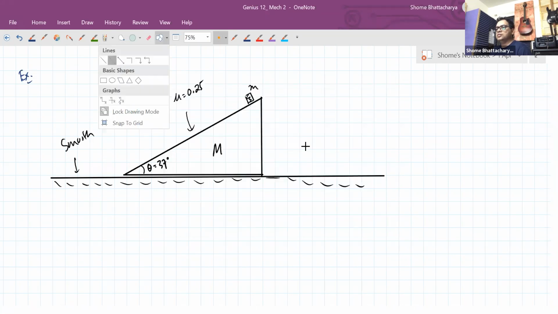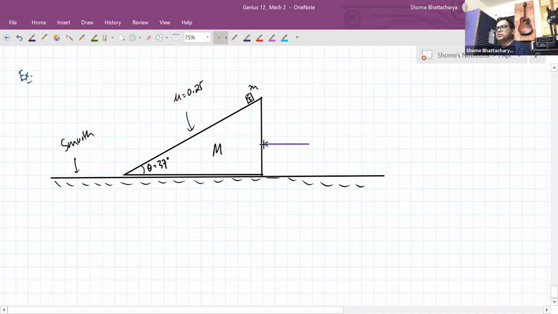Now we are applying a horizontal force like this on the system. Given that small m is 1 kilogram, capital M is 4 kg, coefficient of friction is 0.25, and g is 10 meters per second square.